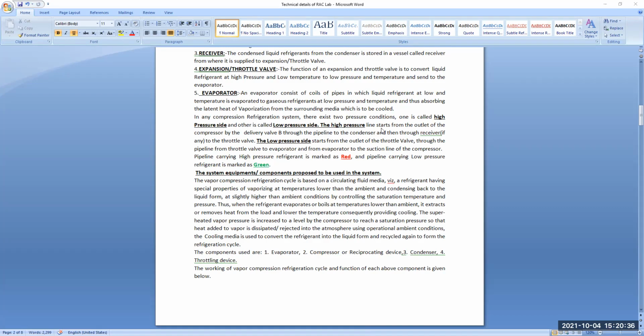So the first property is vaporizing at lower than ambient pressure, because generally the throttle valve reduces the pressure to lower than the atmosphere, and the whole system is totally closed. The lower pressure liquid becomes evaporated, so the refrigerant vaporizes at temperatures lower than the ambient temperature and condenses back to the liquid form at slightly higher than ambient conditions.